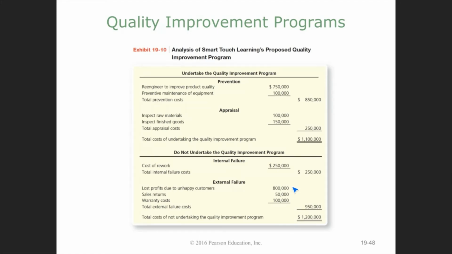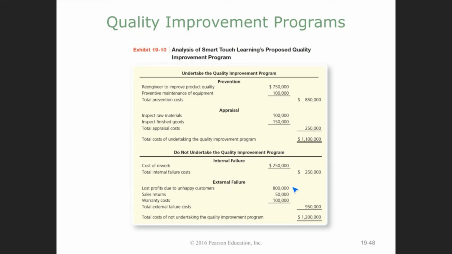So we sold a bunch of phones, half of them didn't work, and people are sending them back saying, hey, it's still covered under warranty, but it's not working properly. We expect that to be $100,000. So we're going to add all of that up. The loss of profits due to unhappy customers, the returns, and the warranty cost. And we're saying, you know what, we expect the total external failure cost to be $950,000.